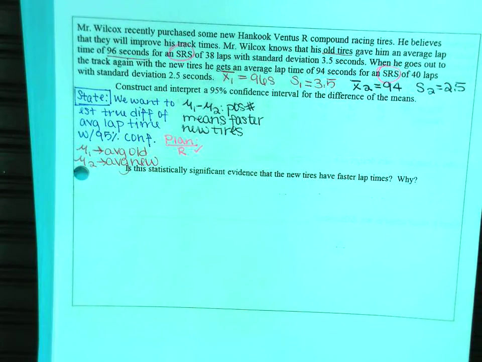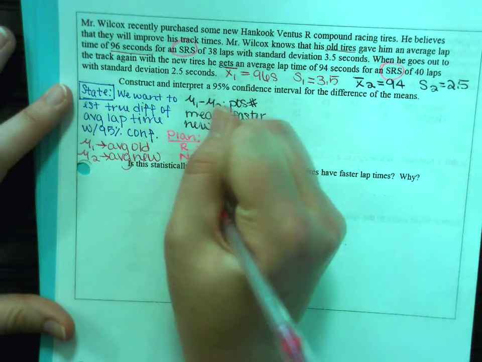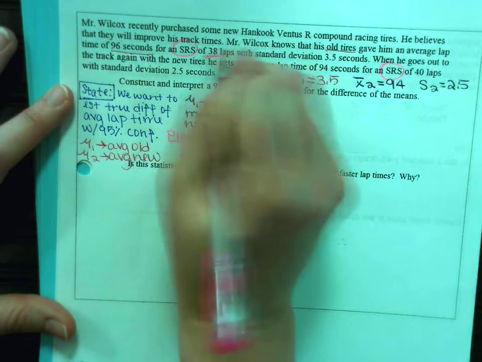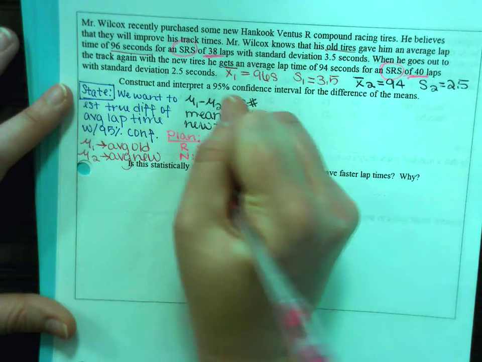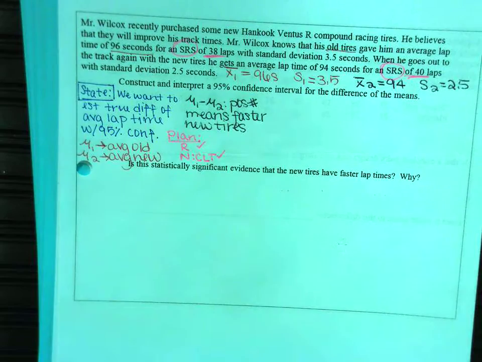Normal, how do we know that? CLT. Yes. For normal, because we're looking at means, it's either going to say the population distribution is normal, or you check the CLT. And the CLT checks off because we have 38 and 40 for our sample size. So normal, CLT, check.